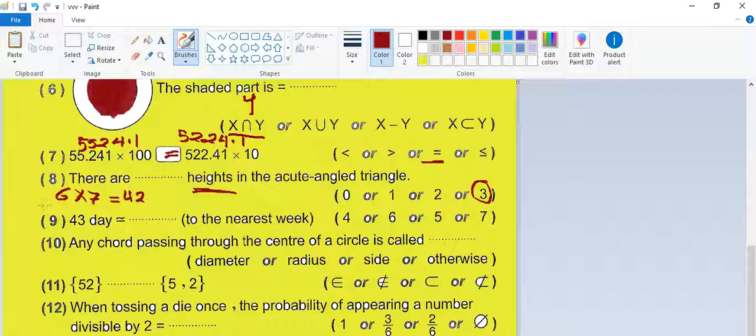And also we have 7 times 7 equals 49. Which is nearest to 43? We have 42 is nearest, so we'll choose which? We'll choose 6.